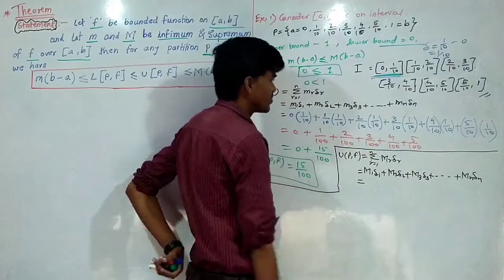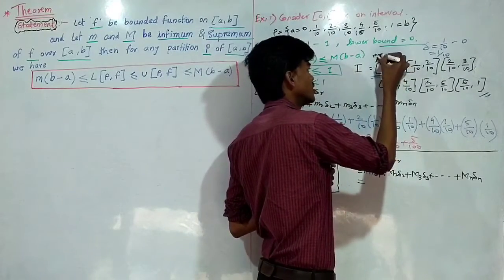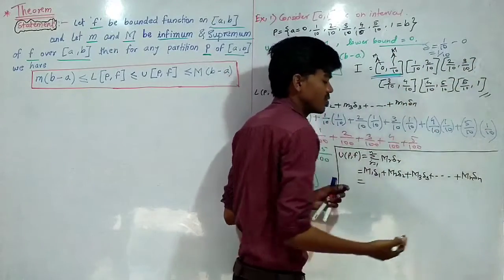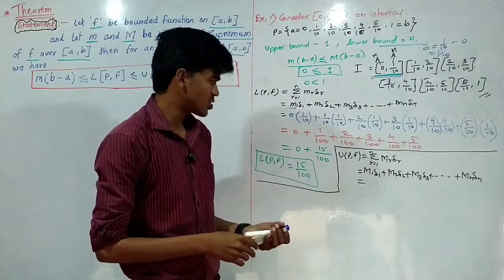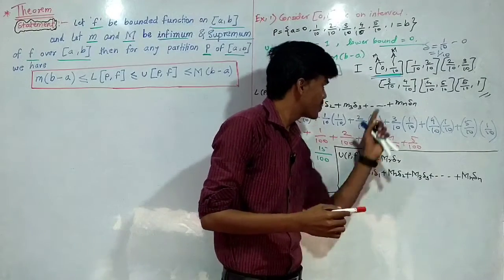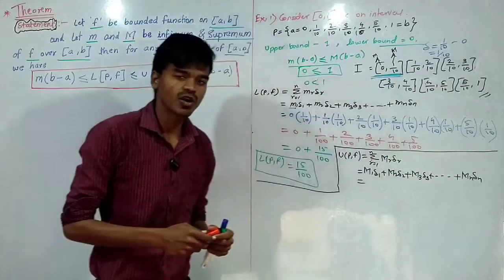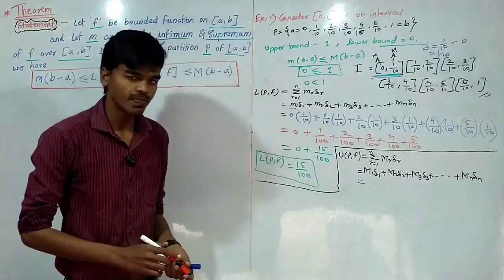Here this is our small m and this is our capital M, right? So from all the corresponding subintervals, we need to substitute capital M1, that is the supremum of that particular subinterval, and delta 1 is the length of that subinterval.